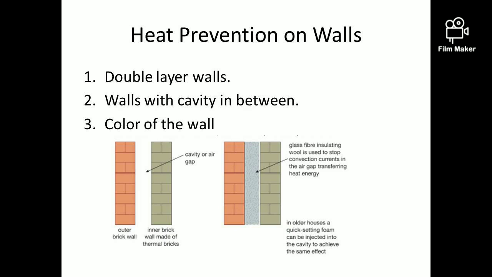As a result, during summer, the heat travelling from outside towards the room gets blocked by the first layer of insulating bricks or wall materials. And since it is double layered, the heat cannot travel directly through; it has to travel through the gap, which is filled with insulation or trapped air, because we know that those materials are highly insulating. As a result, energy cannot travel from outside to inside during summer.